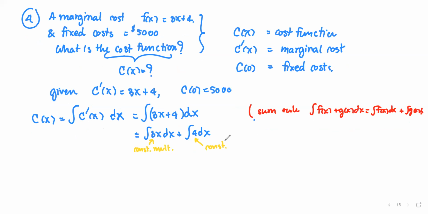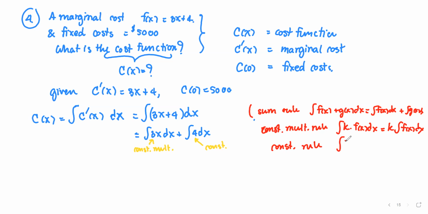So we're going to use two other rules, the constant multiple rule, which is the integral of k times the function f with respect to x is k times the integral of f of x dx. And the other one is called the constant rule.